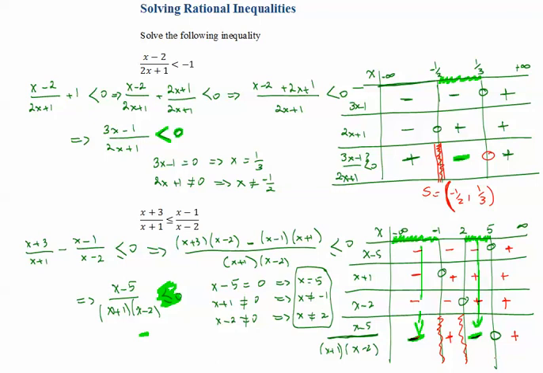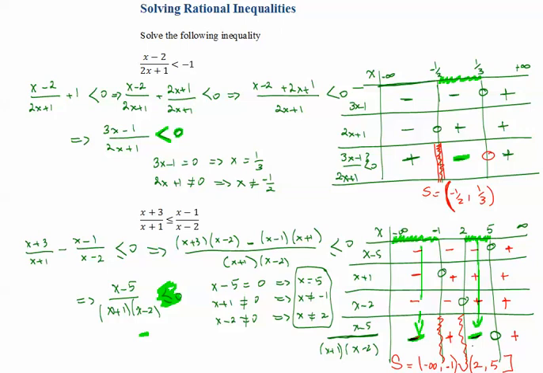So the solution here, I'm going to write it right here, just so we're closer. We have from negative infinity to negative 1, and then union 2 to 5, and then I'm going to have a bracket here.